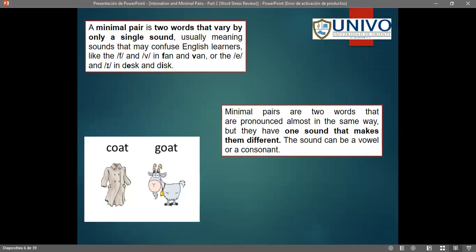A minimal pair is two words that have a common or similar sound, very similar when you pronounce them, but having a different meaning. So this is something that you have to memorize, or keep in your mind every time you have to explain something like this.